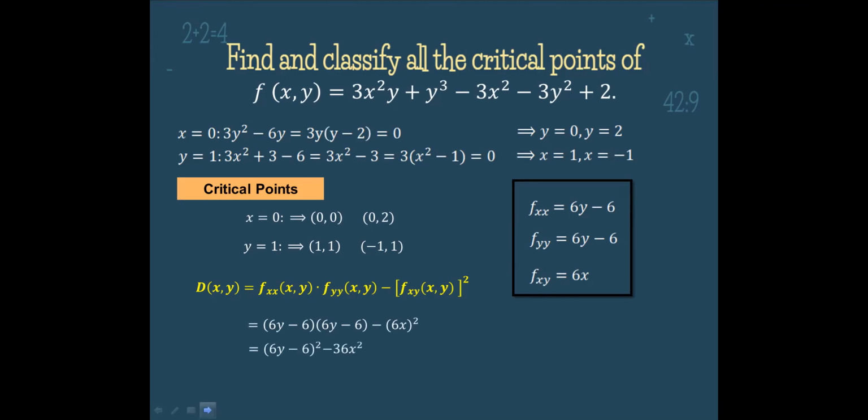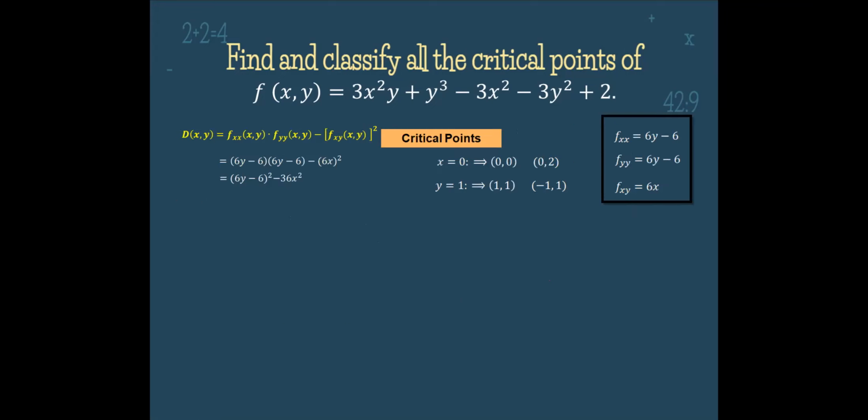We just simply follow the formula for D and then simplify. So we will be able to get the square of the binomial (6y minus 6) minus 36x squared. We will be using this formula for D, replacing our critical points, and checking against our reference for the values of D. Let's start first with (0, 0).